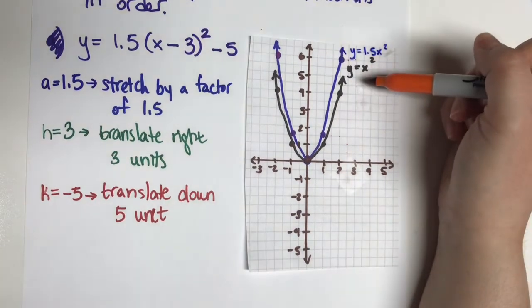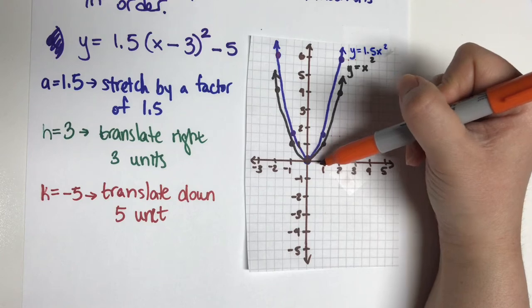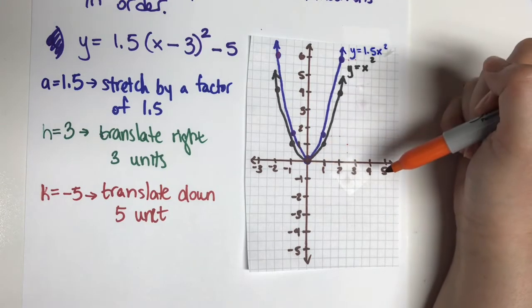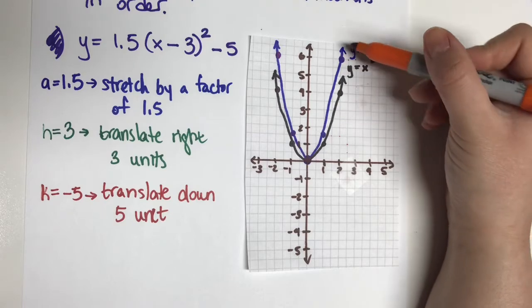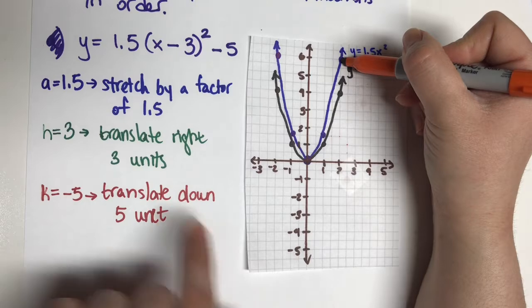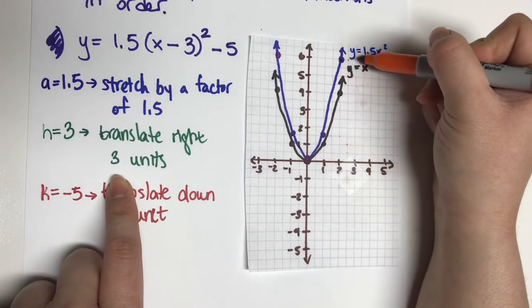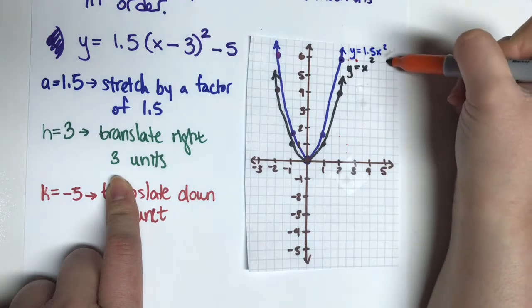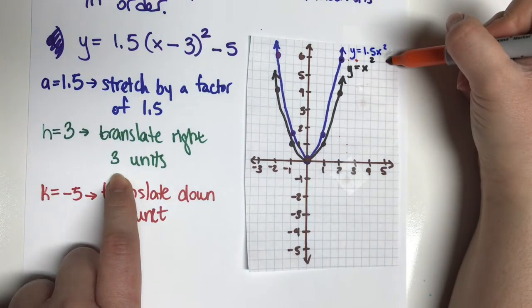The only thing to be careful of is my scale. Notice how I'm skipping: skip 1, skip 2, skip 3. So when you're translating it, you have to take that into account. So when I'm moving this one, if I'm counting 3 units, this is 1, this is 2, and this is 3. So I've got to skip 1 each time.